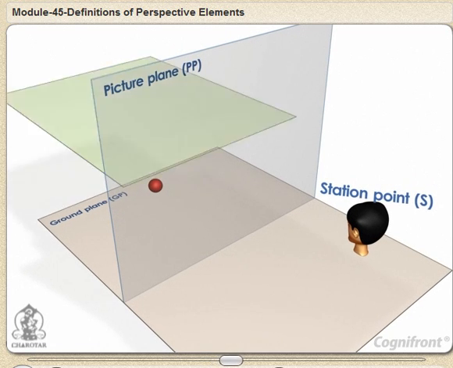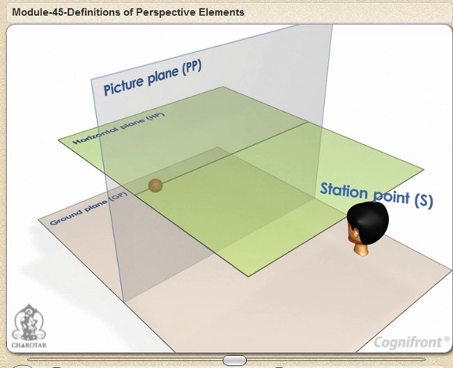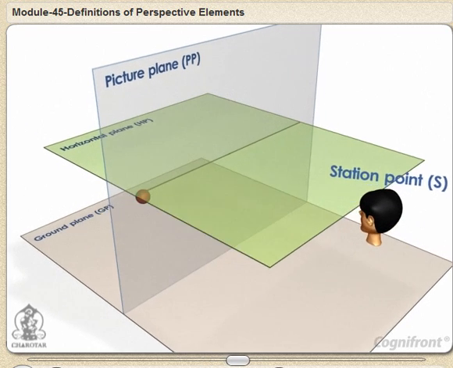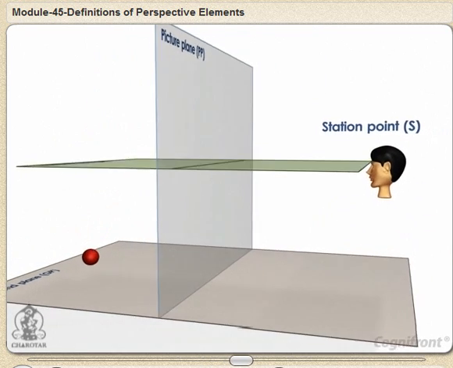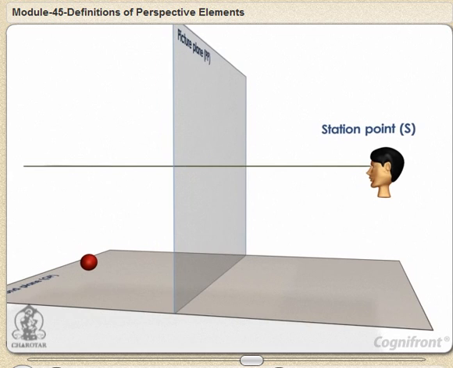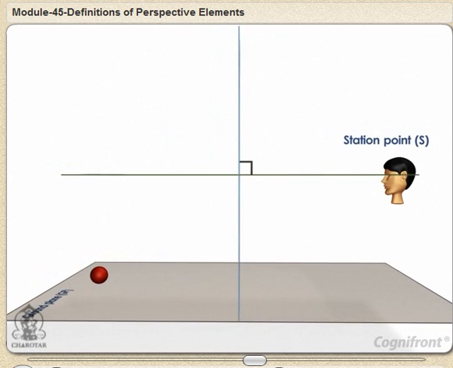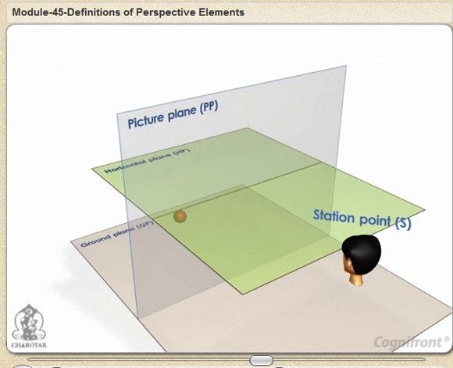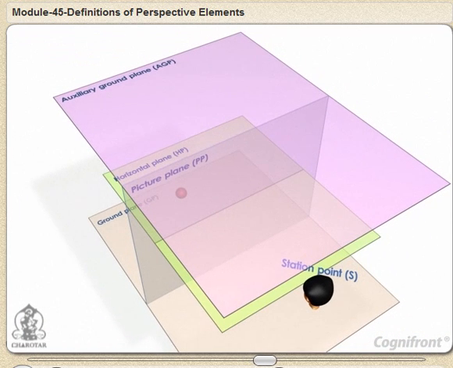Horizontal plane HP. This imaginary plane is at the level of the eye, that is the station point. It is a horizontal plane above the ground plane and at right angles to the picture plane. Auxiliary ground plane AGP.